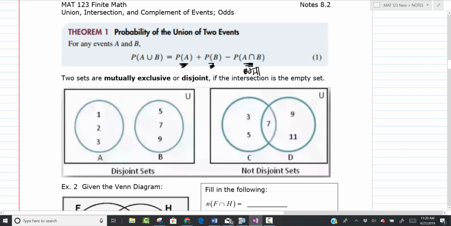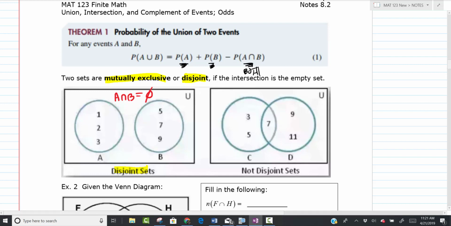So a couple of definitions I want to go through here a little bit. Two sets are said to be mutually exclusive or disjoint. Those are two terminologies that mean basically the same thing. Disjoint sets would mean this. In this diagram, the intersection of A and B is the empty set. So that's what disjoint sets mean, there's nothing in common.